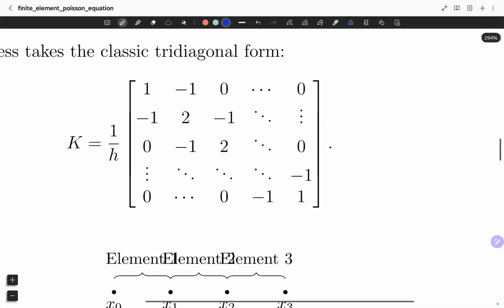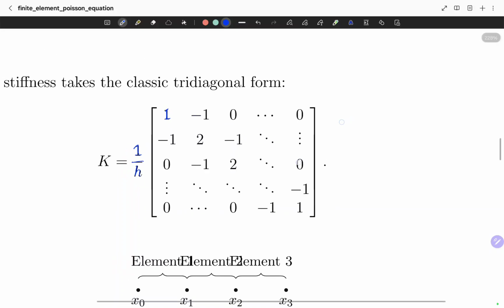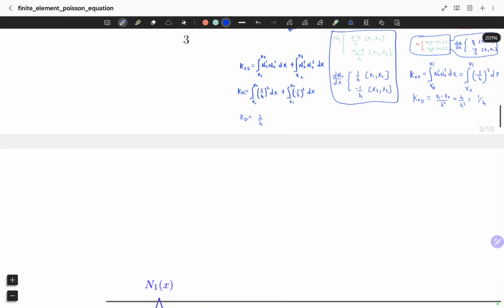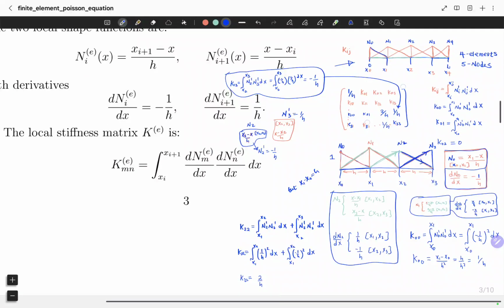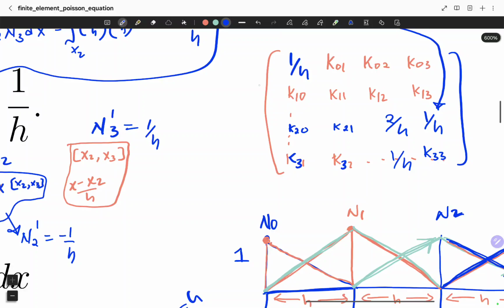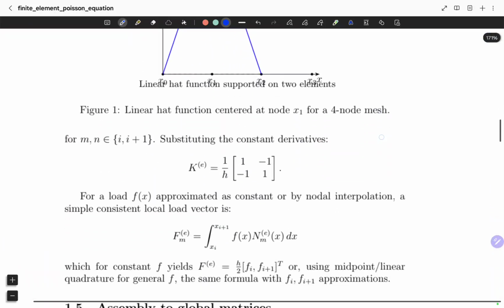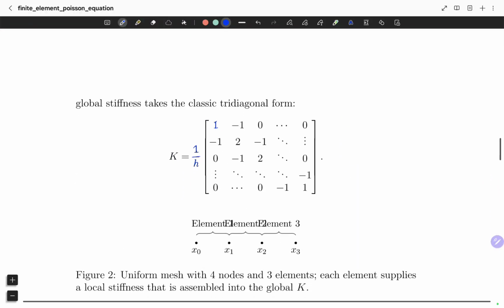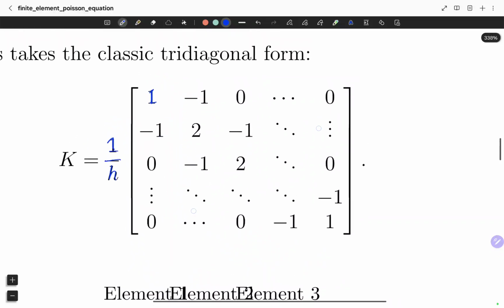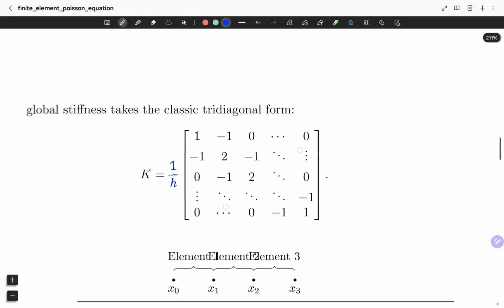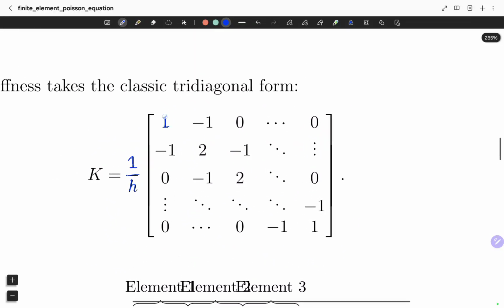The K matrix would look like this. So you are going to have 1 over h outside. K11, if you remember, we got 1 over h. Yes, we got 1 over h. So we're going to take h outside. And when you do the operation like I explained, you're going to have a matrix like this. So this is the global stiffness matrix. 1 over h, this will be minus 1, and then the mirror will be the same.